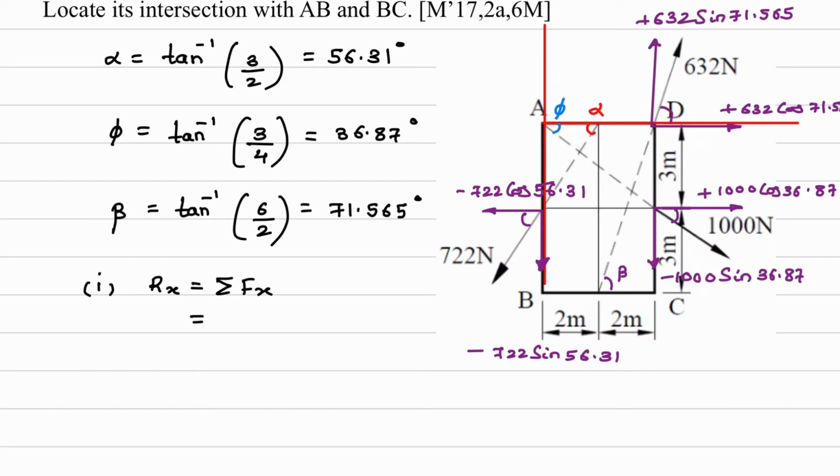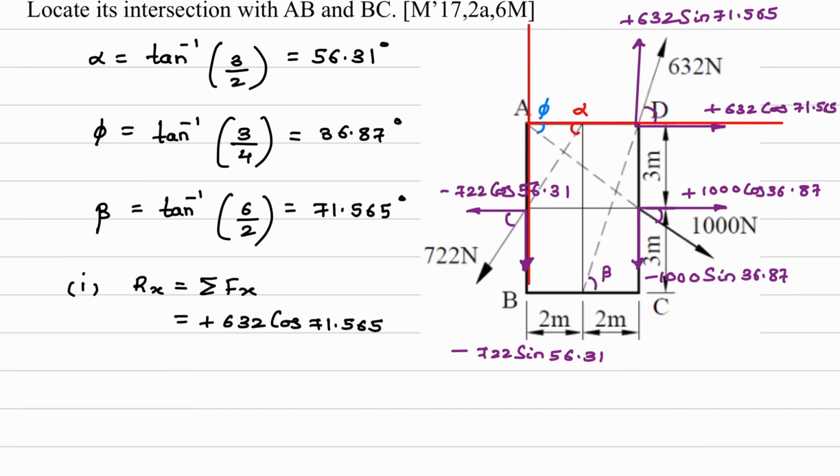So the first one is plus 632 cos 71.565. Next force in x direction. What is the x component? This one, so plus 1000 cos 36.87.